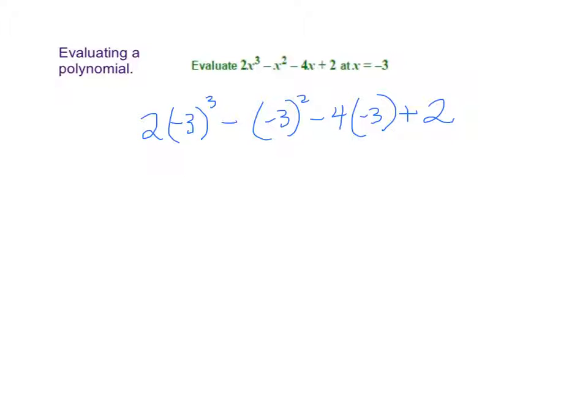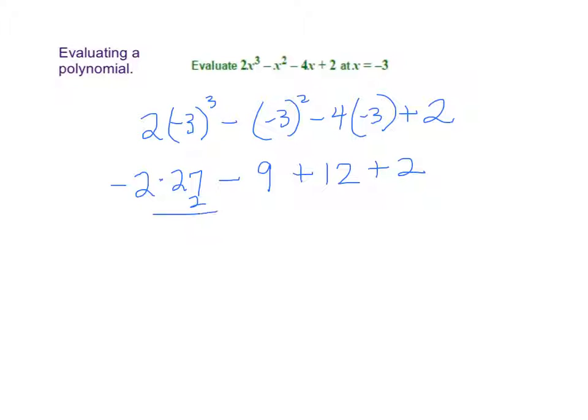So negative 3 to the 3rd power would be negative 3 times negative 3, which is 9, times negative 3, which is negative 27. So 2 times negative 27 minus negative 3 squared, which is just positive 9. And then a negative 4 times negative 3 is positive 12 plus 2.